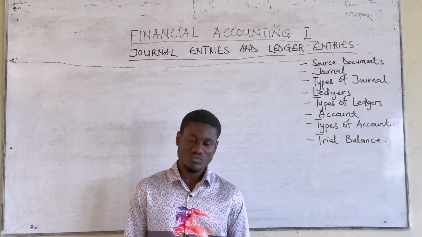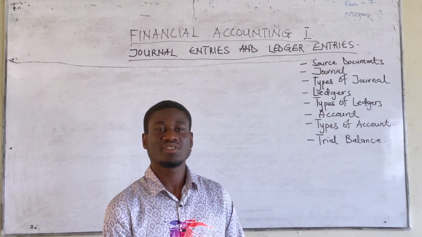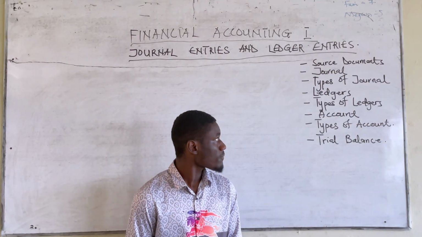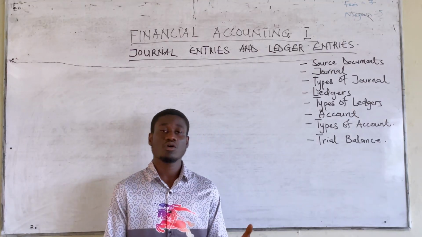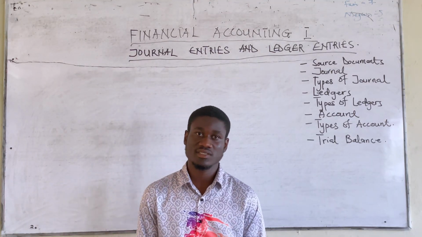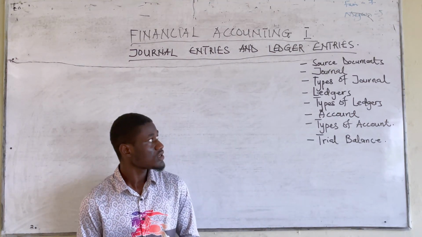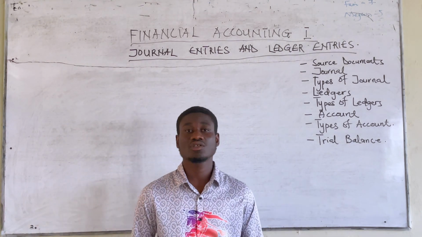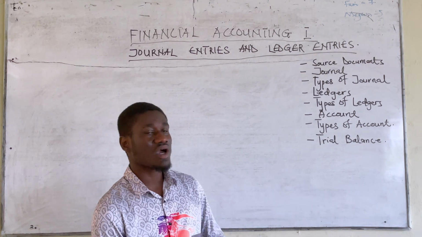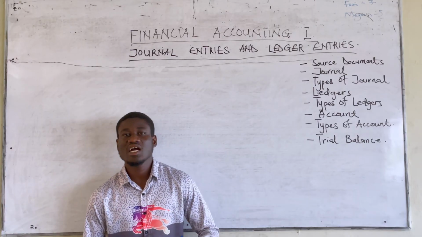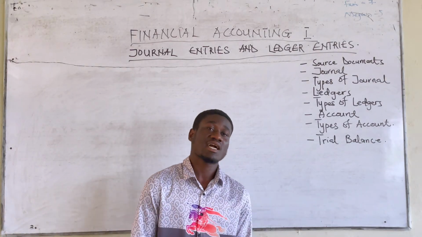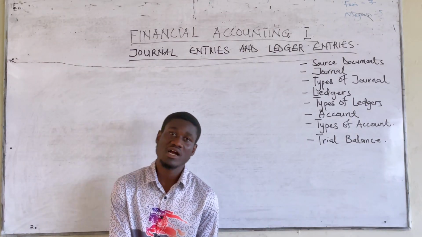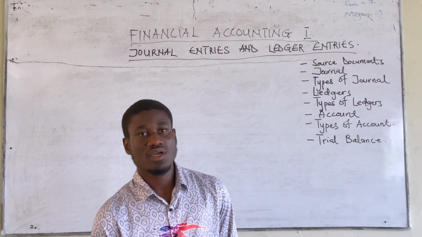Okay, the sales we made, the returns inwards from our customers. They get it. Good. That's what we are going to record in the sales returns journal or the returns inwards journal. Okay. Then we also have the cash book. The cash book is a book or account that is used to record cash payments and receipts or bank payments and receipts. You get it?